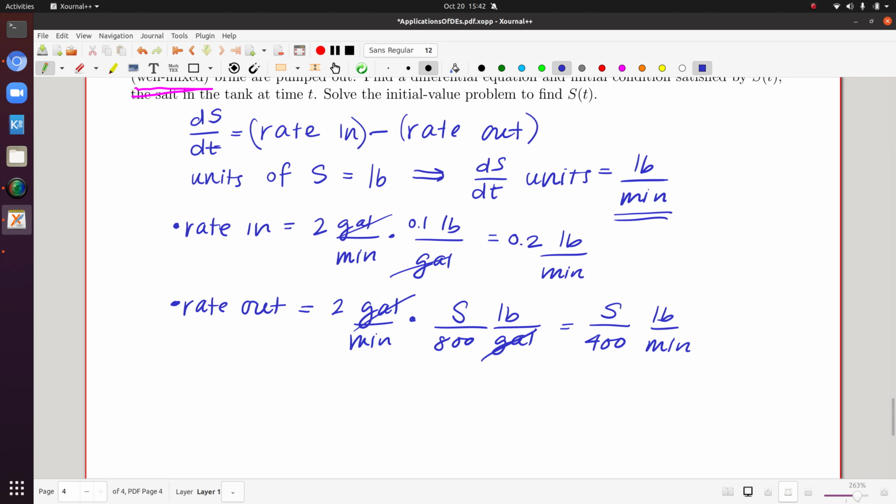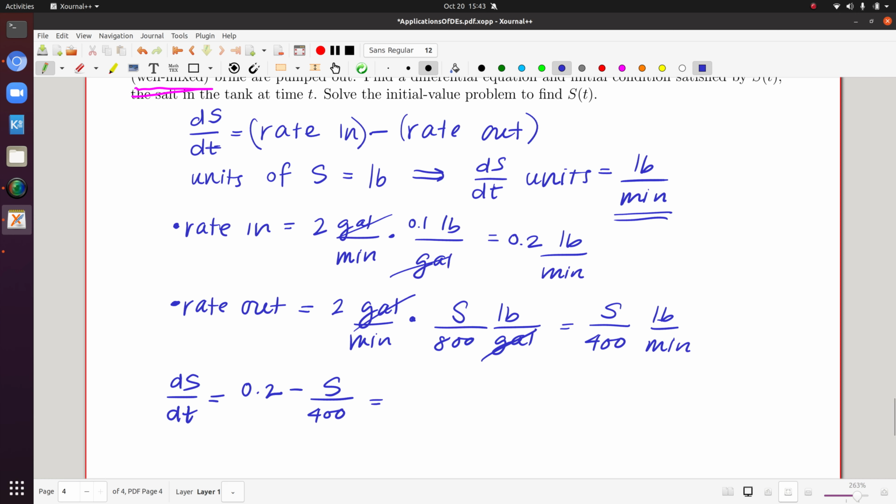So putting this together, now I see that dS/dt can be expressed as positive 0.2 minus S over 400. That's separable. You could just take 0.2 minus S over 400 and bring the whole thing over there.